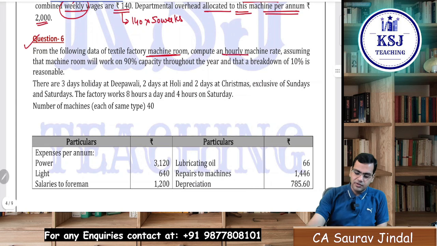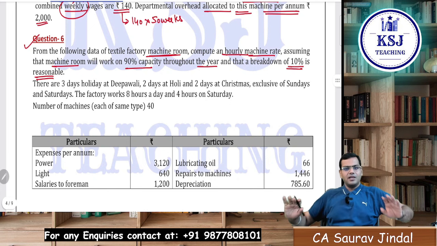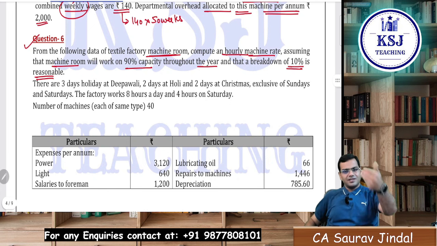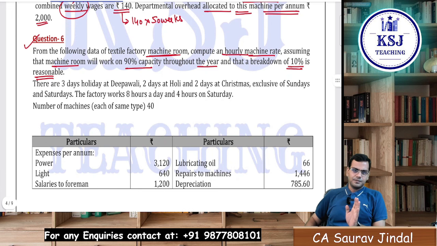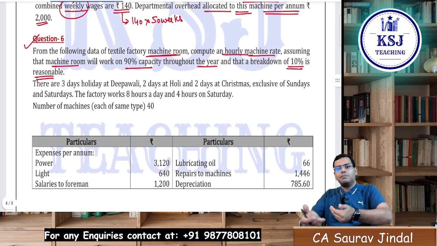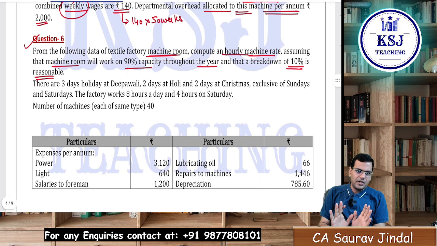Compute an hourly machine rate, assuming that the machine room will work at 90% capacity throughout the year and a breakdown of 10% is reasonable. Normally they are working at 90% capacity, further 10% breakdown can be there. So they are already making a provision for it. It's machinery, sir, come on.